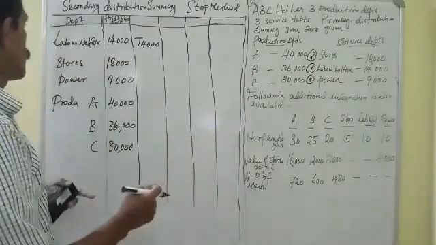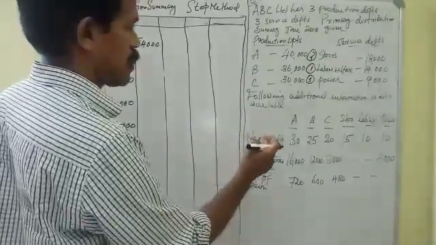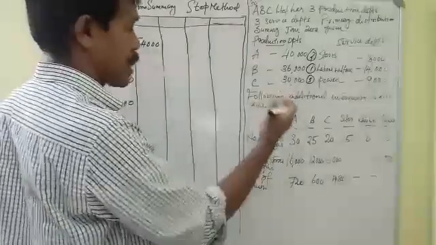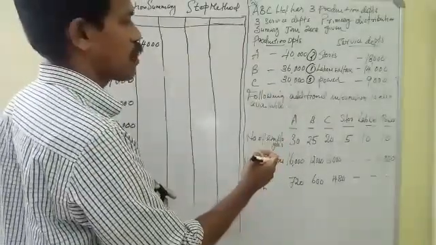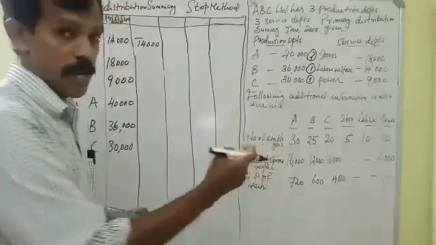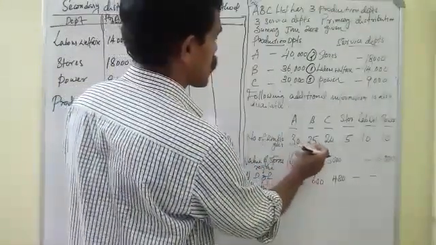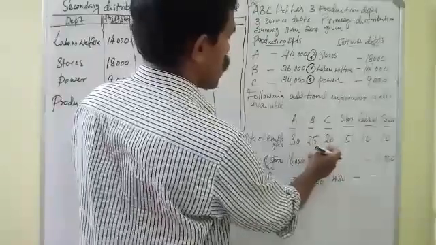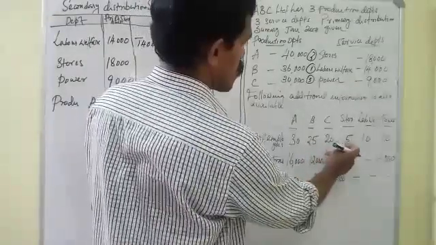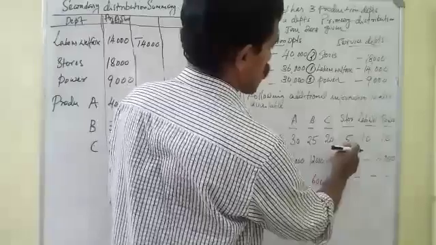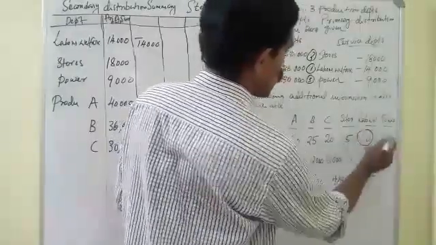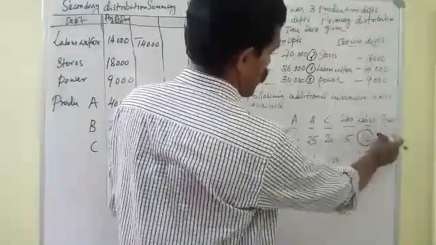Then for the labor welfare department, the basis for apportionment, we know, is the number of employees. The number of employees: A 30, then B 25, then C 20, stores 15, welfare 10, and then power 10.